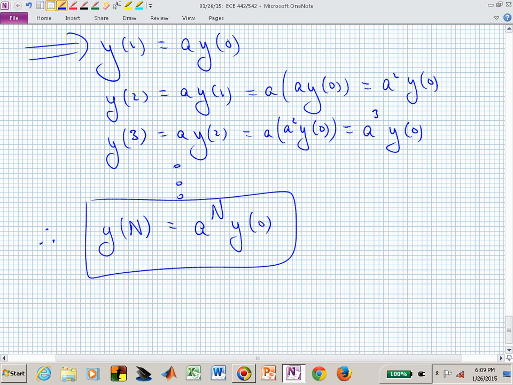That's our key formula. That's the expression that we want. We want to find capital N, where y of capital N is what?